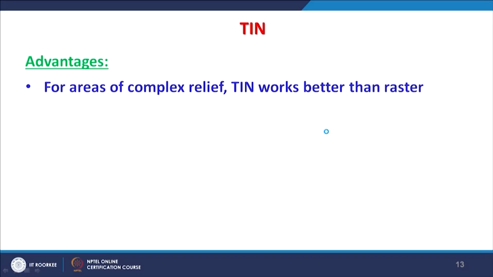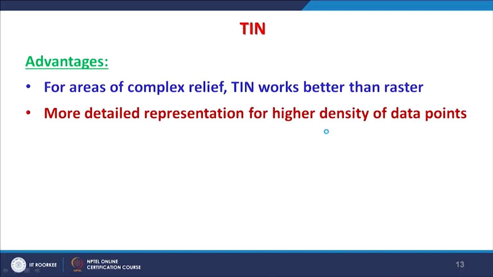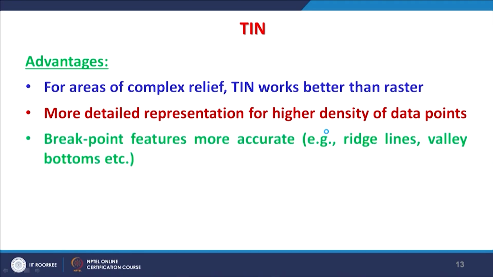I have shown you the examples also. So, it is adaptable to relief roughness. A more detailed representation for higher density of data points. In the case of raster, it takes inputs based on the spatial resolution which you have fixed for creating a raster, but here it will depend on the density of input points. So, that is one of the very good advantages of tin.